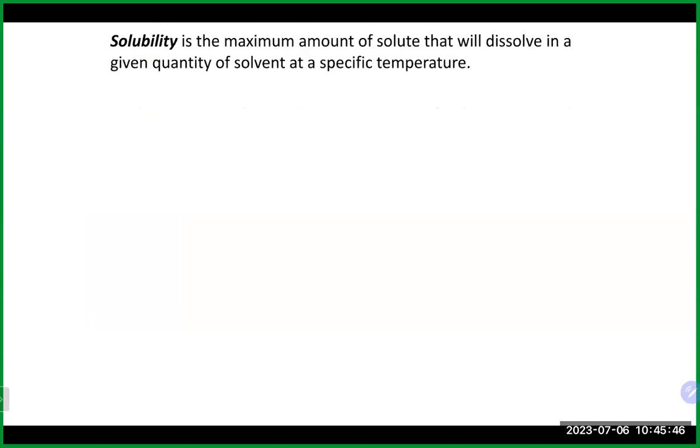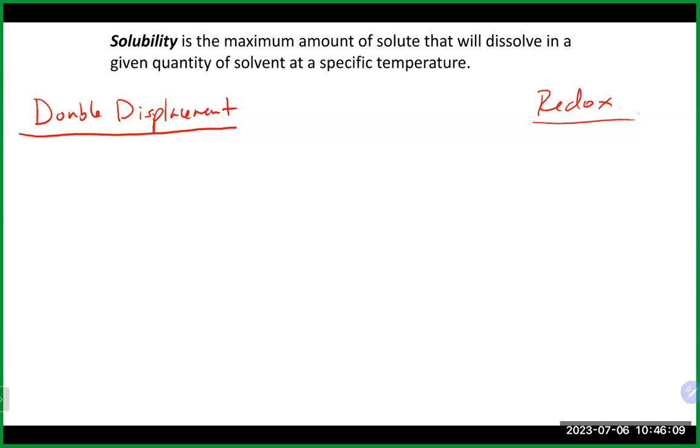So this all leads to really what's important in a certain type of reaction that we come across. And we're going to talk about now a type of reaction which is known as a double displacement reaction. And really the double displacement reaction and the redox reaction are the two big classifications of reactions that you could have.